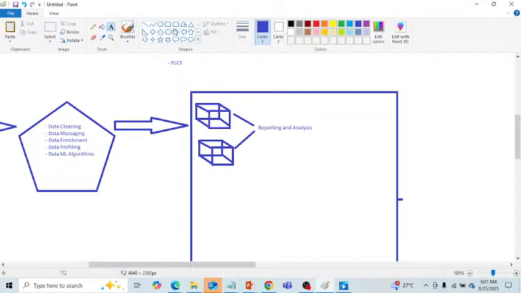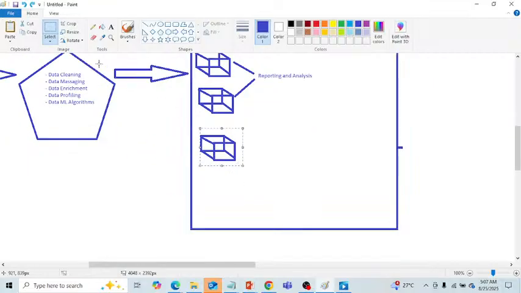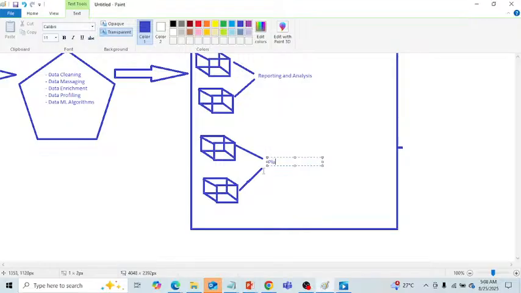It also has the product for planning and budgeting. This is specifically for the planning and budgeting.